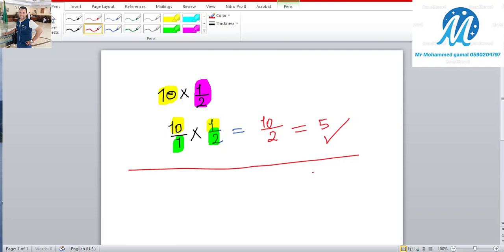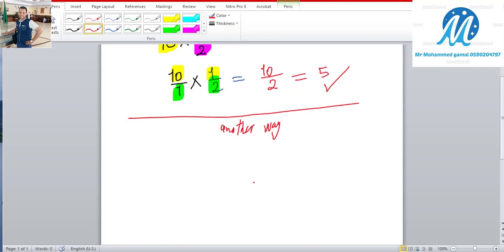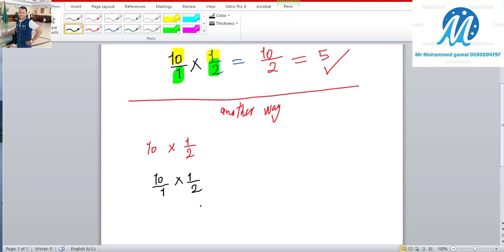The same question, but in another way. 10 multiplied by half. I'm going to make this 10 as 10 over 1 and the half the same, 1 over 2. Now ask yourself, is there any way to simplify? We can simplify any number in the numerator with any number in the denominator.